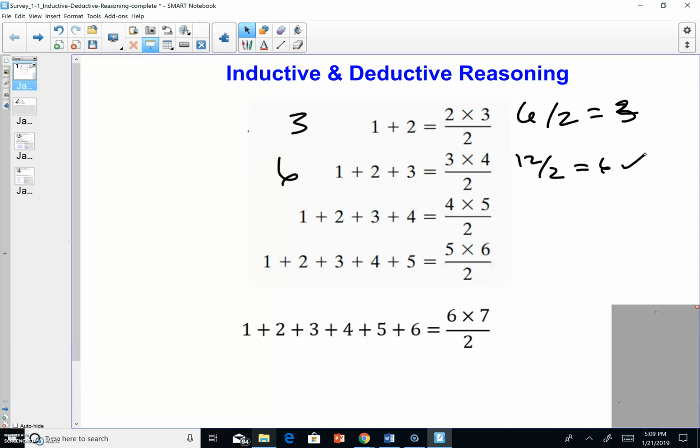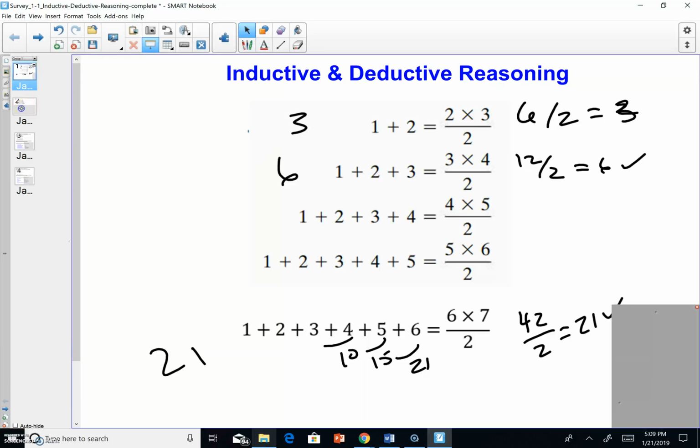Let's jump down to the one we just made up. 1 plus 2 is 3, plus 3 is 6, plus 4 is 10, plus 5 would be 15, plus 6 would be 21 over here. What's 6 times 7? Oh, that's 42. And then if we divide that by 2, sure enough, it is 21. So it really works. It's not only a cool pattern, it works.